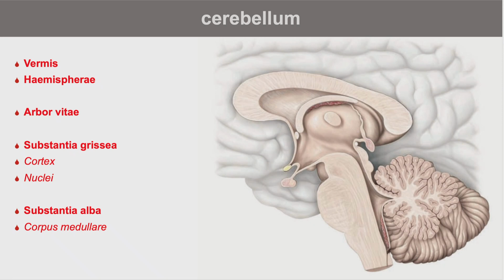The cerebellum. The cerebellum is a structure which is developing at the top of the brainstem and then growing and covering the fourth ventricle. We can divide two main parts, the unpaired vermis and the paired hemispheres.